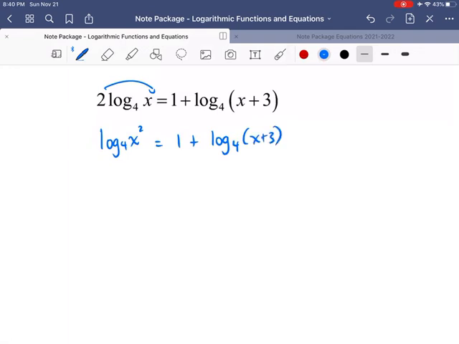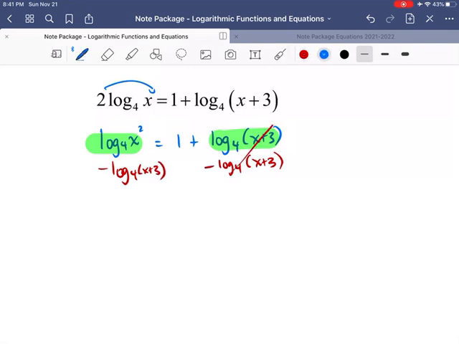All right, so I want to combine these 2 logs somehow, and they're on either side of the equation. So if I subtract, I can at least get them on the same side.